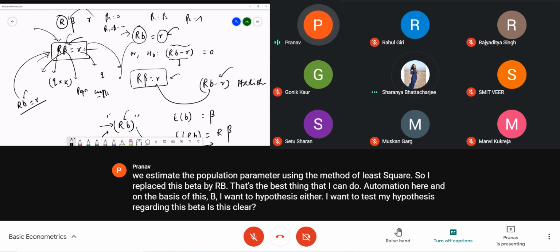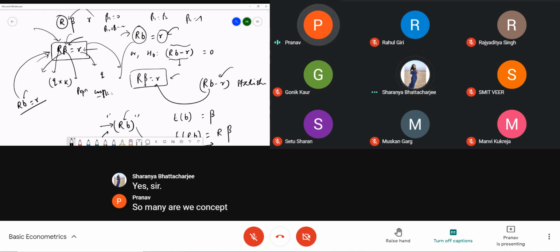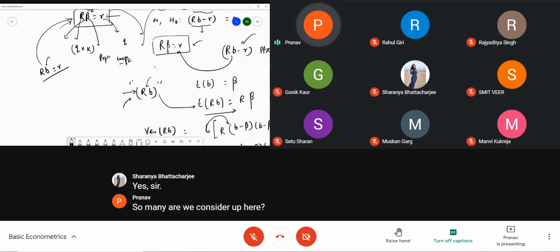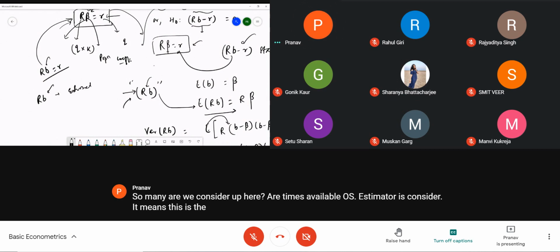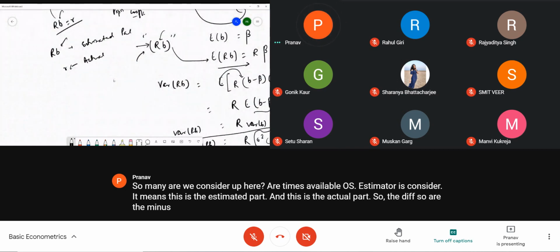Yes, sir. So where is this Rb from? What is this Rb? This is R times b. Wherever the OLS estimator is concerned, it means this is the estimated part. And r is the actual part. So Rb minus r is a statistic.